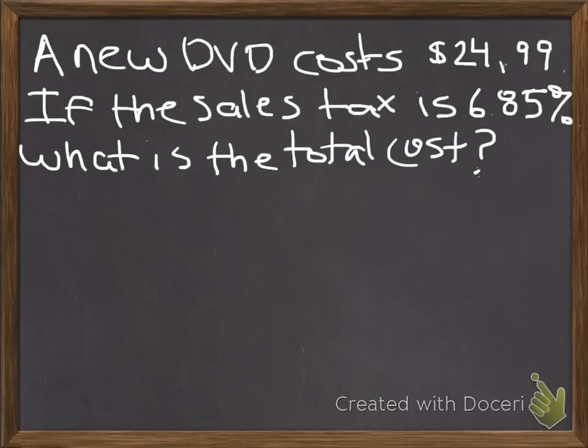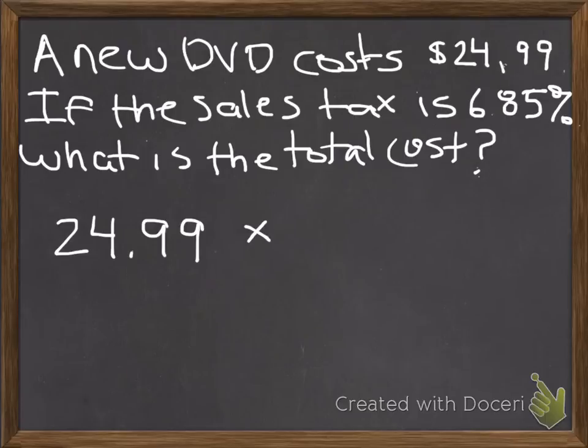If you are trying to get a new cost or a total cost and you have sales tax or you have markups, things that are going to add to your cost, you always want to do the cost times either the tax percentage or the discount percentage or the markup percentage. Obviously we need to write it as a decimal first, like we talked about with the last problem.